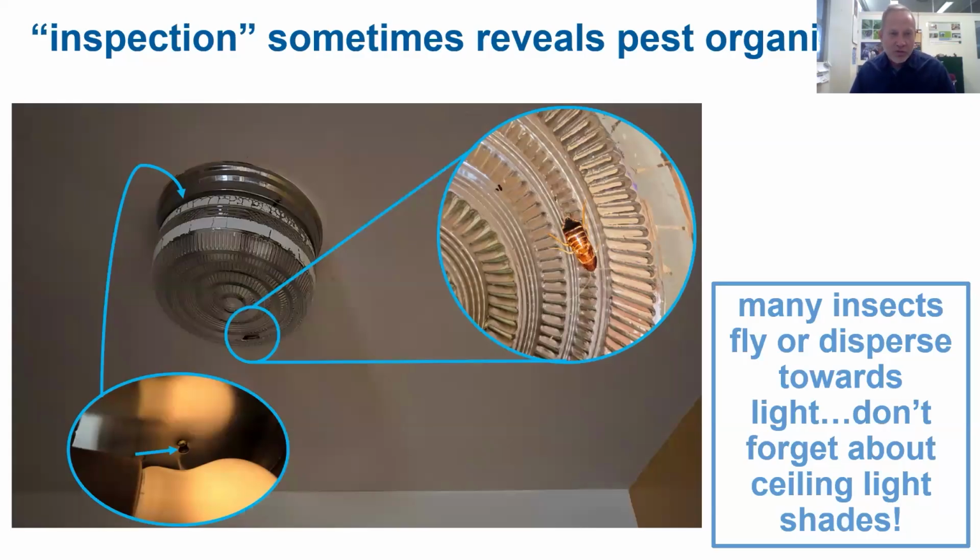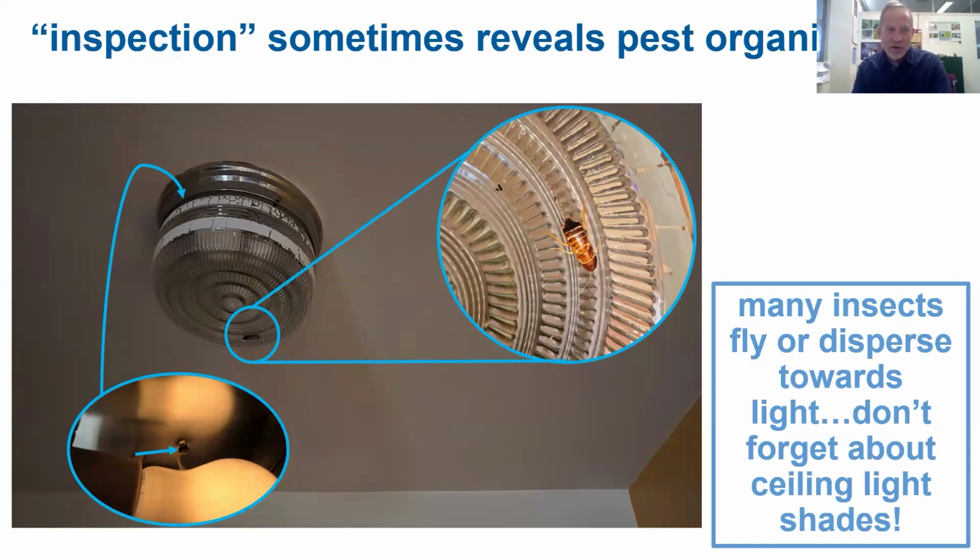Another Turkestan cockroach situation. We mentioned that insects may fly or disperse towards light. This is a case that I observed last year in the fall, and there was an insect visible inside this drum shade that's covering a ceiling light.